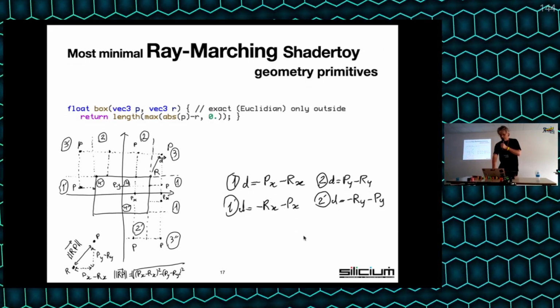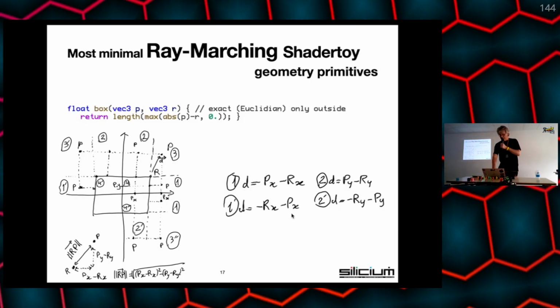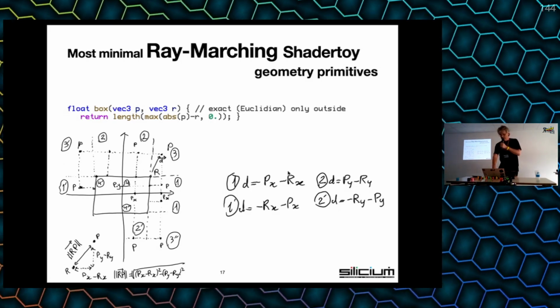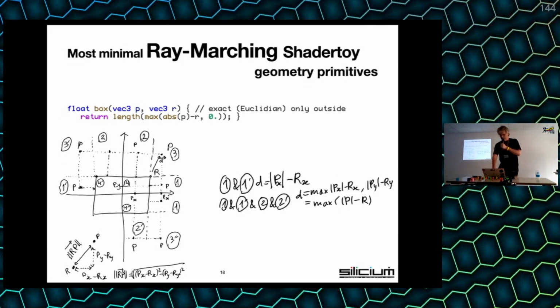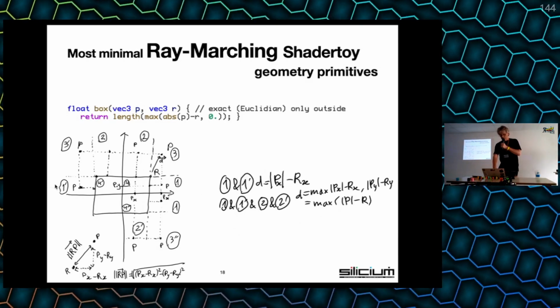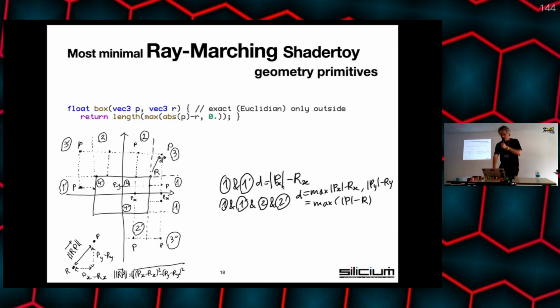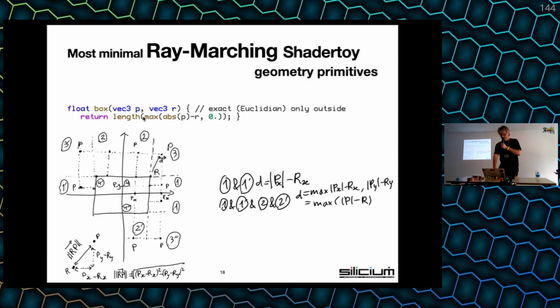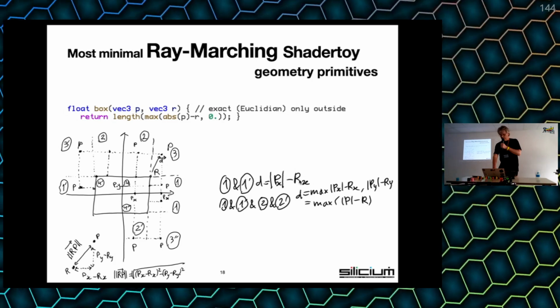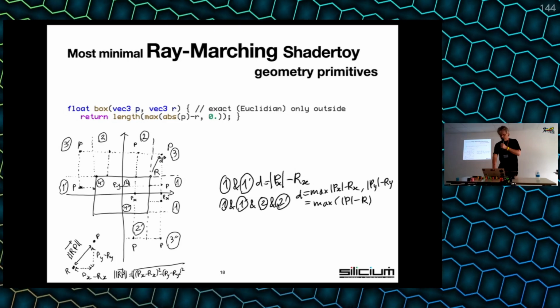So if we want to combine those, pretty much what we get is that the distance is going to be the absolute value of P minus Rx. So that's why we can reduce cases 1 and 1 prime into just one calculation. Absolute value of the point at which we want to interrogate, this, minus the width of the rectangle. And that's going to work, of course, in the horizontal direction.